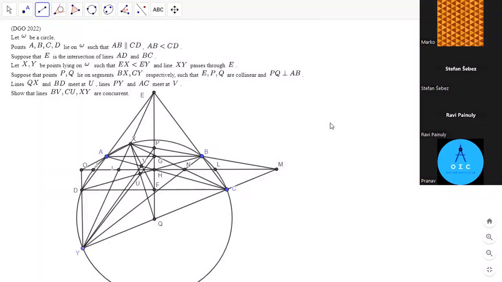Because then you just project EXIY, you know, that's harmonic, from M. You just project through M. So yeah, EXIY we know is harmonic now.